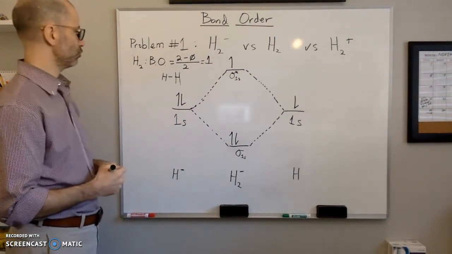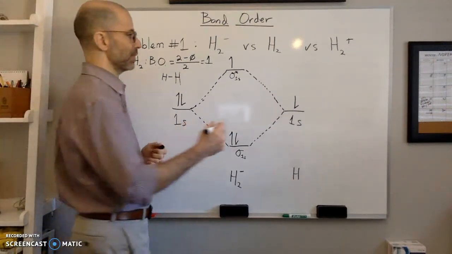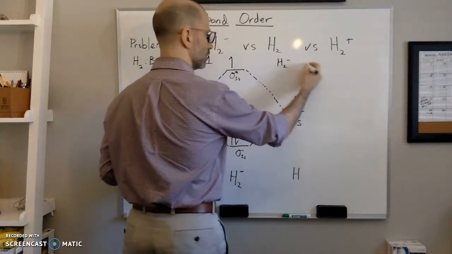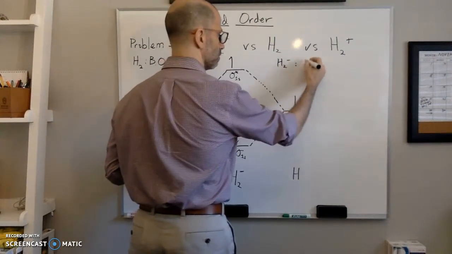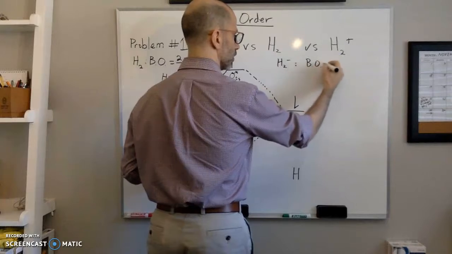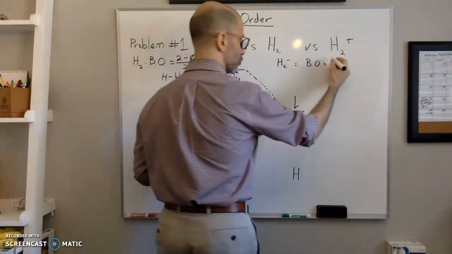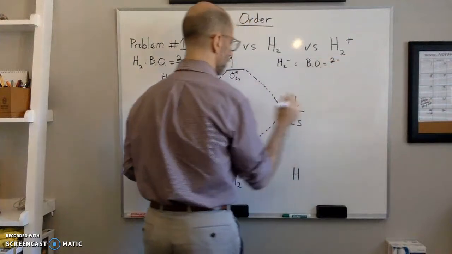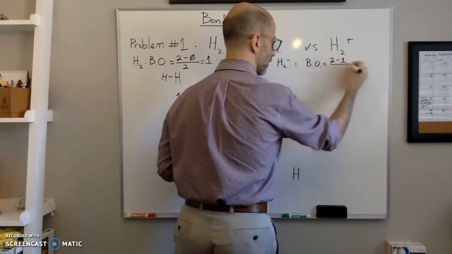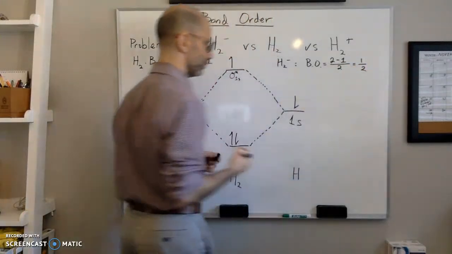And how would you do the bond order of that? Same way. The bond order for H2 minus is going to be, again, bond order is equal to, this time we have 2 bonding electrons, and then we have 1 non-bonding electron. So we're going to subtract 1, and then we're going to divide by 2, so we get 1/2.